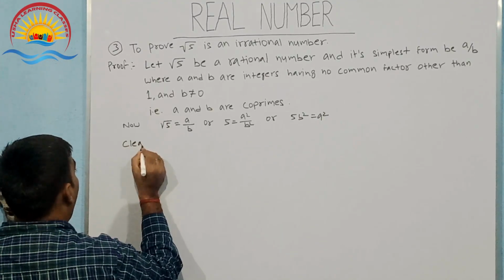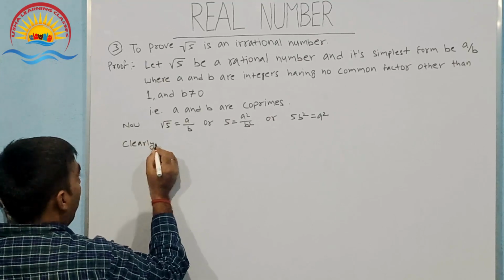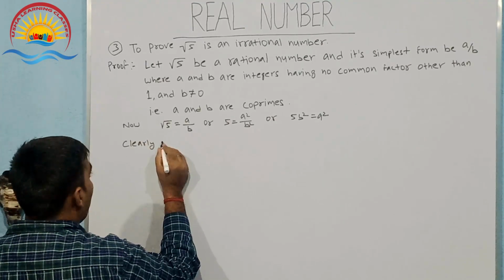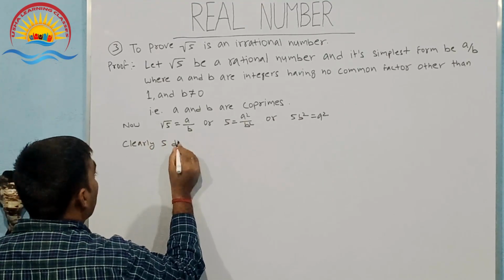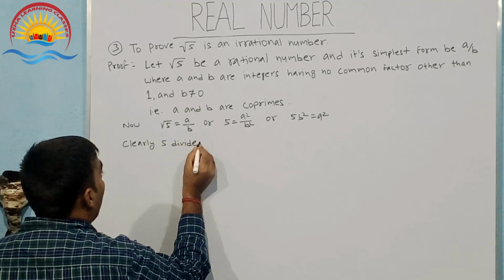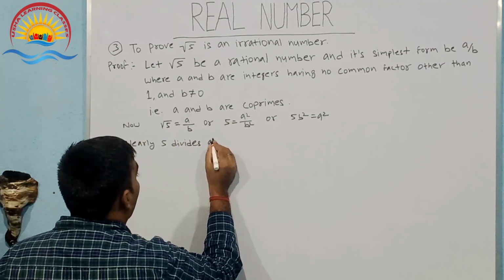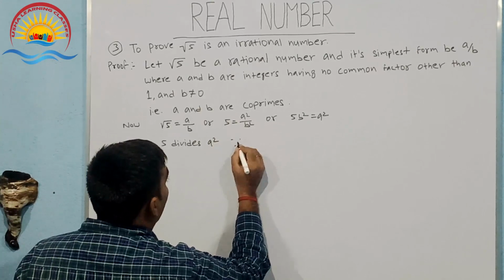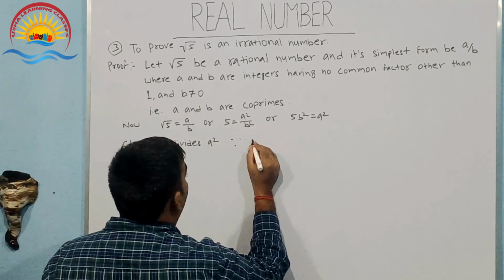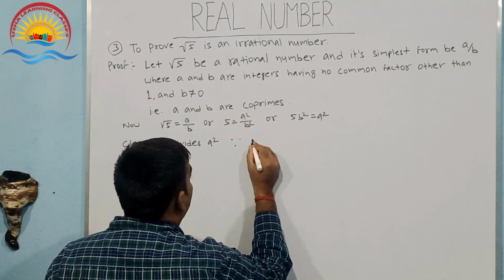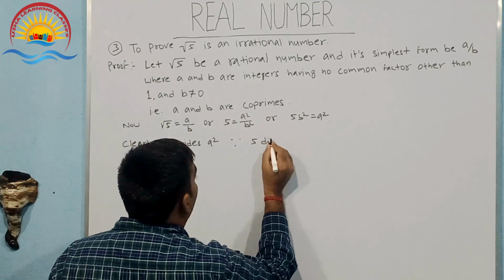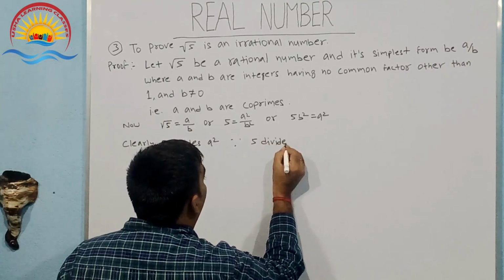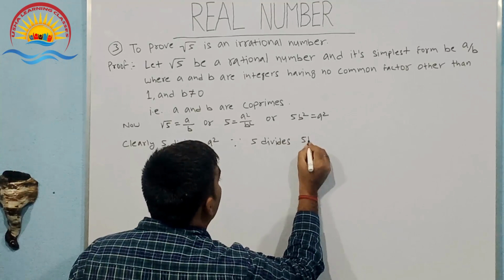Clearly 5 divides a square, since 5 divides 5b square.